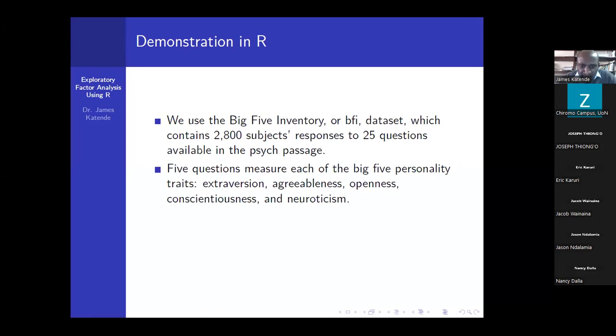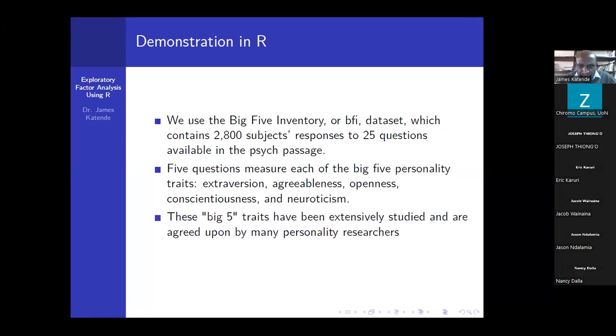So the traits were named as extraversion, agreeableness, openness, conscientiousness, and neuroticism. And data was collected over 2,800 subjects, and each of the factors had 5 questions in the research. So there are a lot of people who have studied these personality traits, and there's plenty of material out there.